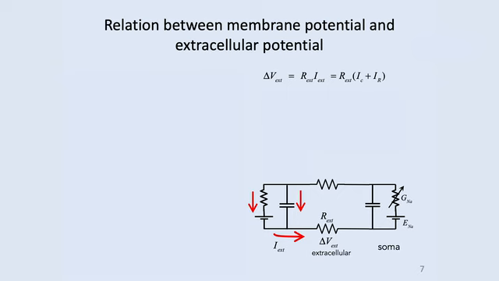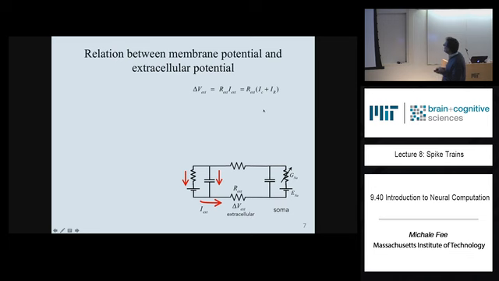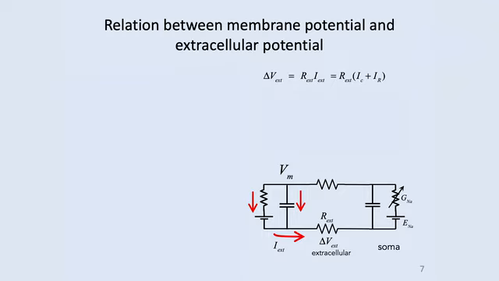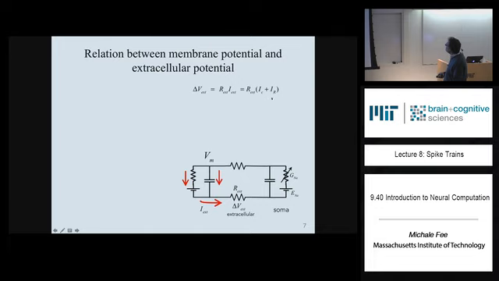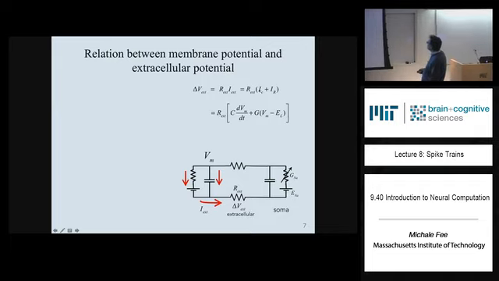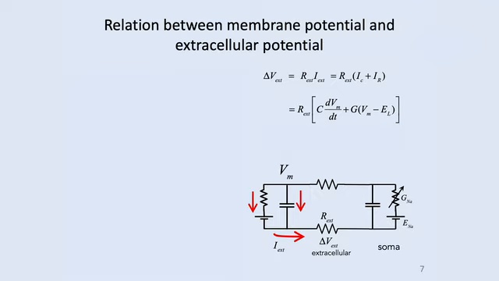So we can write down that voltage drop is proportional to an extracellular resistance, and we can write an expression for these two currents as a function of membrane potential. You recall from earlier lectures that the capacitive current is given by C dV/dt, and the membrane ionic current is given by some membrane ionic conductance times the driving potential.